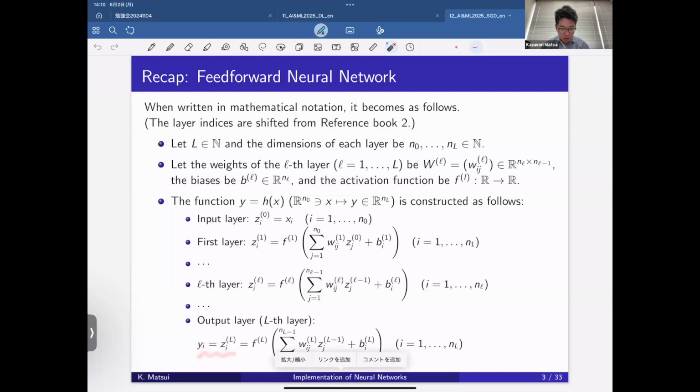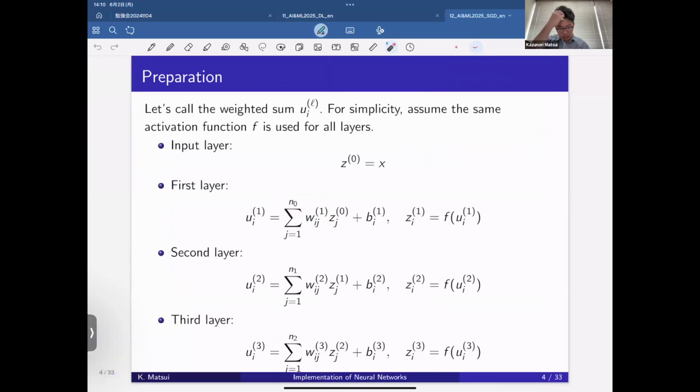This set of input and output repetition is called a layer. For our later discussion, let's call the thing before putting into the activation function, which is multiplying by weight and adding bias, u.